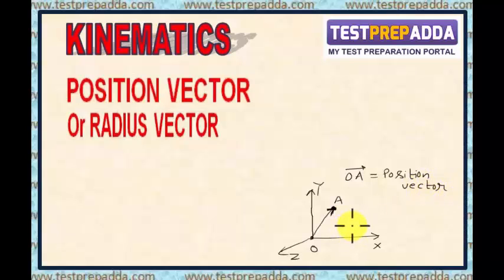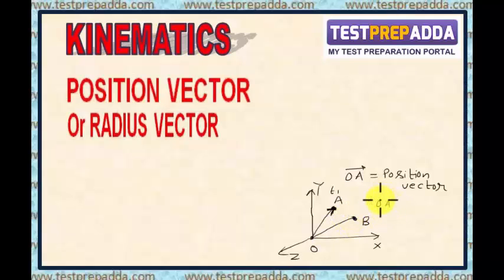Now this is the position of the object at time t1, let us say. And at time t2, the position of the object, let us say, is B. Then OB represents the final position vector, that is at time t2.